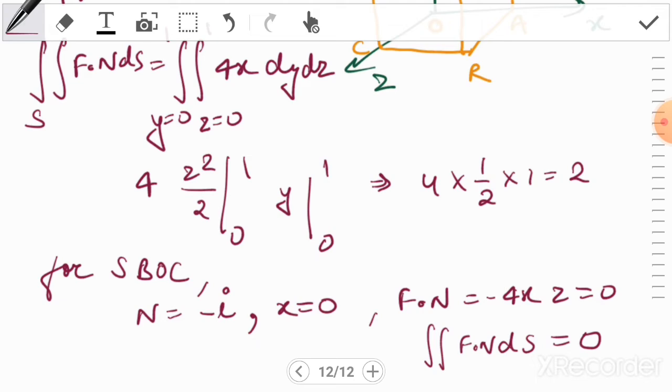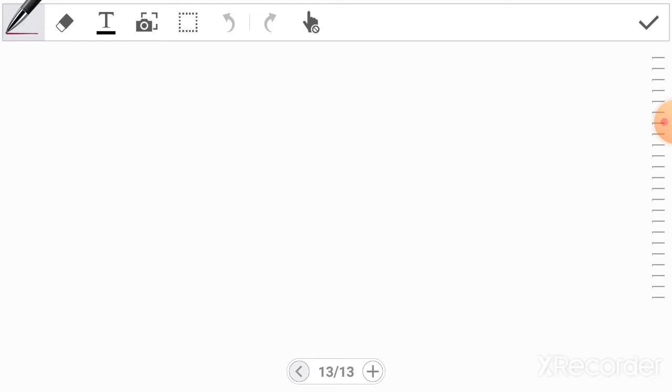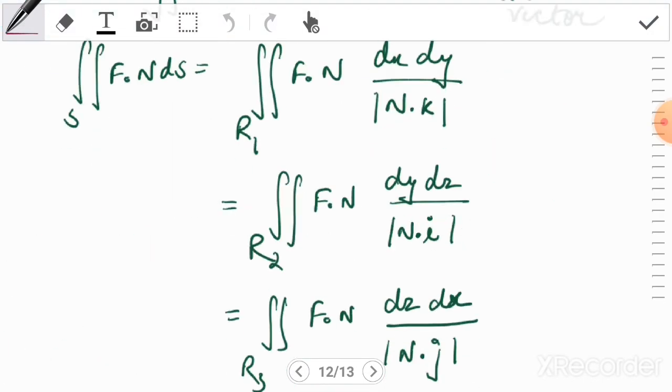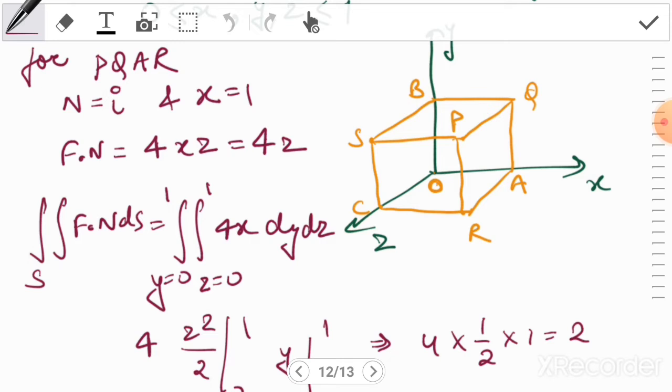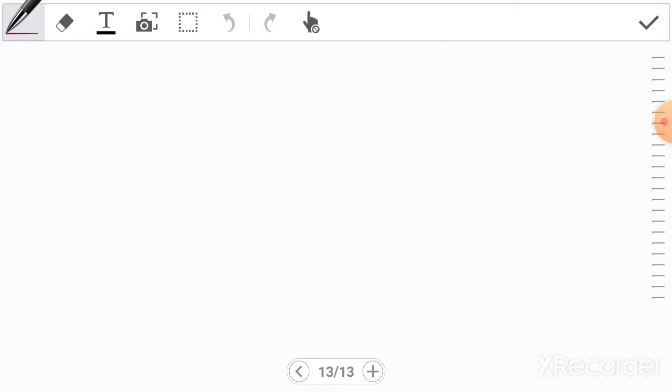Now for this surface PQBS, we have the unit normal vector directing towards the plus y direction, that is the unit vector j, and y is constant 1. So for PQBS we have n is equal to j and y is equal to 1.